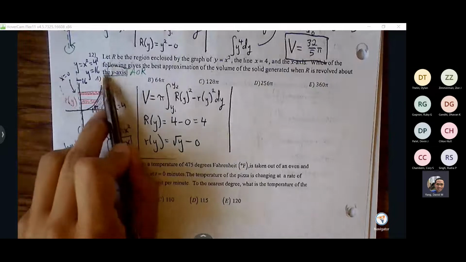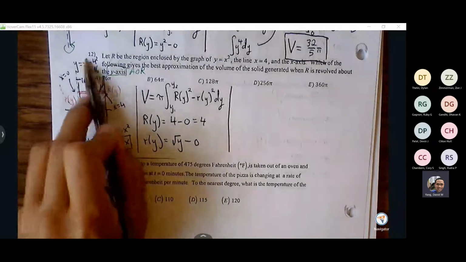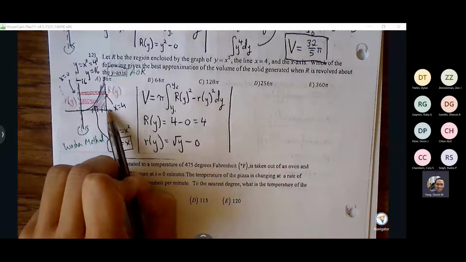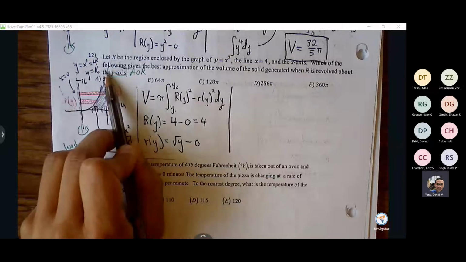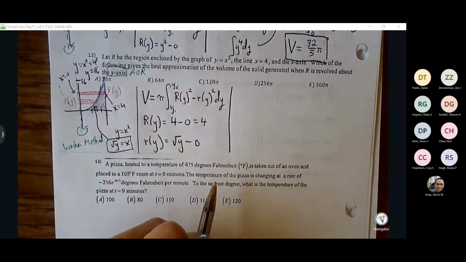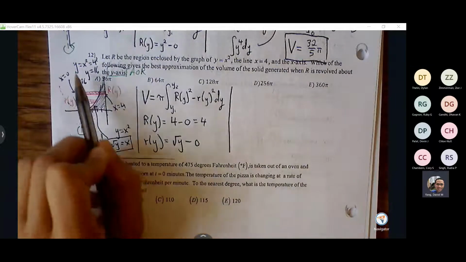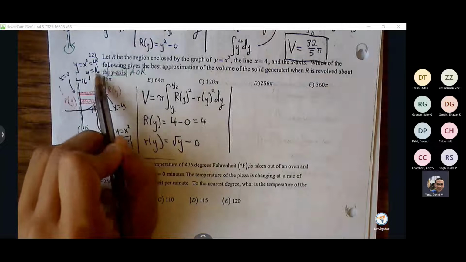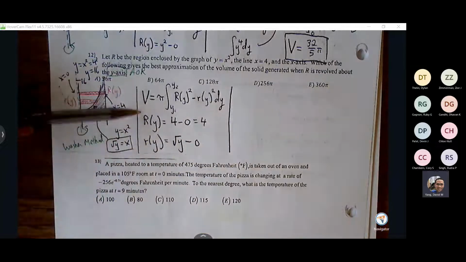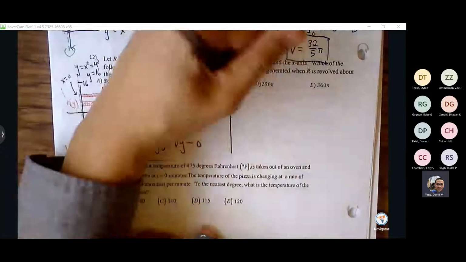I can always find any y value by inserting my boundary into the curve. We could also plug 4 in here and solve for y, but it just feels a little bit easier to plug into the original equation. So y equals 16. My lowest y value is 0, and my highest y value is 16.